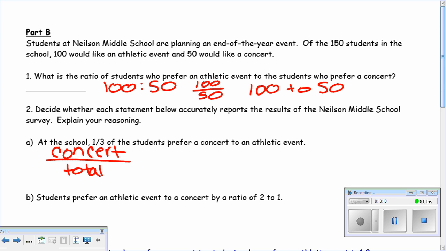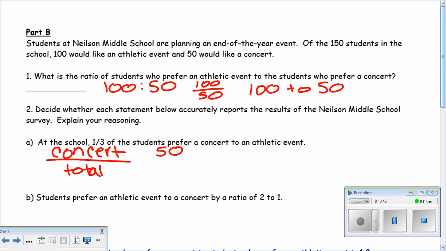Yeah, 1/3. How did you get 1/3? How many in the concert? That's how I got 1/3. Where does it say that? At A, it says that. Oh, yeah. Good job, Robert. So, we got 1/3 because concert is 50.